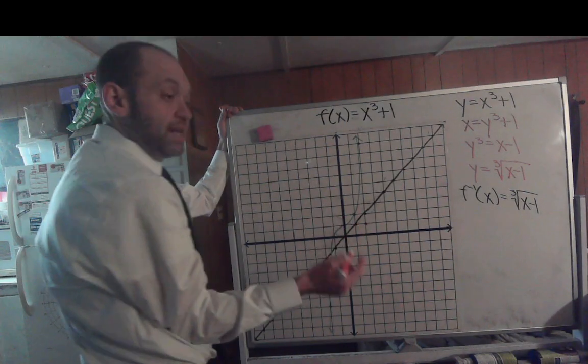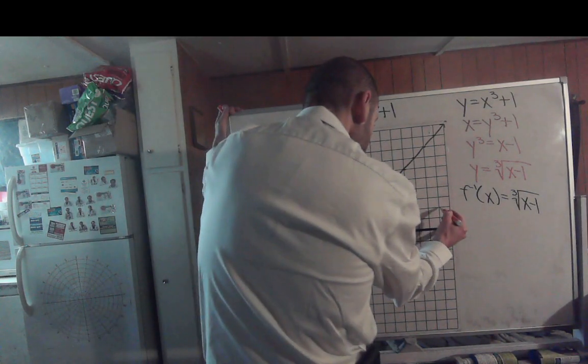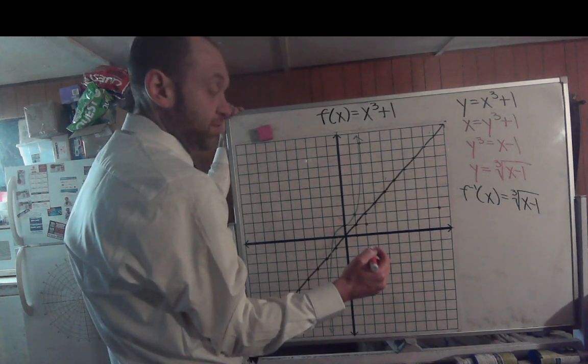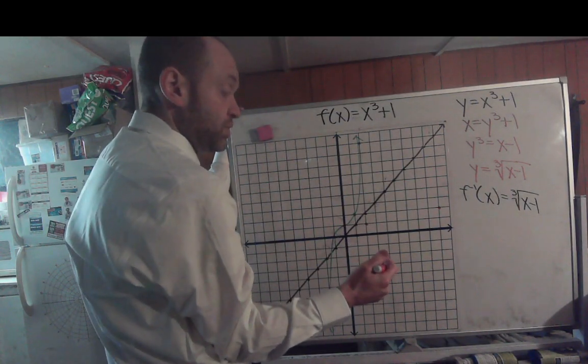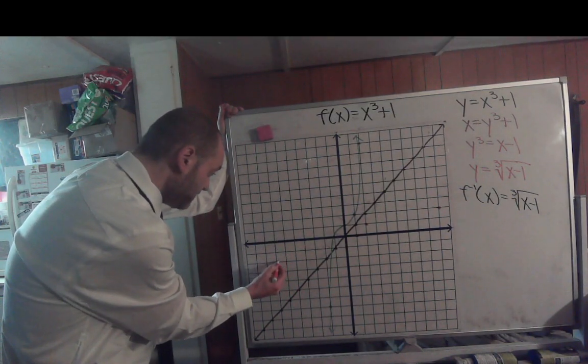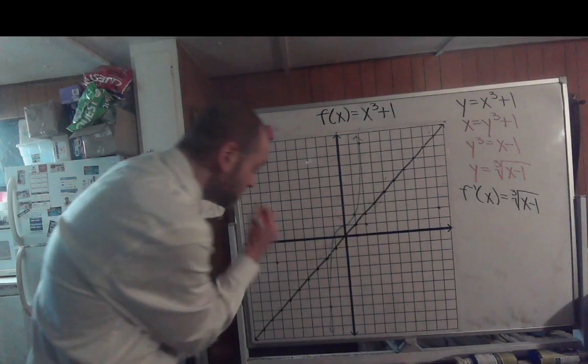When x is 9, you get the cube root of 8, which is 2. When x is -7, you get the cube root of -8, which is -2. All right.